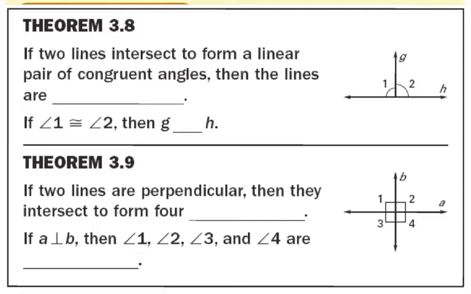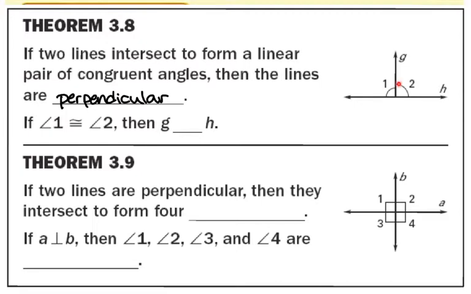It says, if two lines intersect to form a linear pair of congruent angles, then the lines are, and your answer should be perpendicular. The reason is just like I explained in the warm-up example. These two lines are intersecting lines, which form a linear pair.